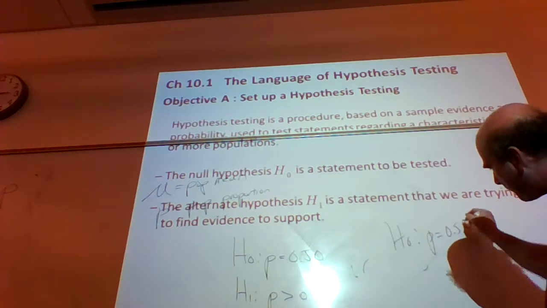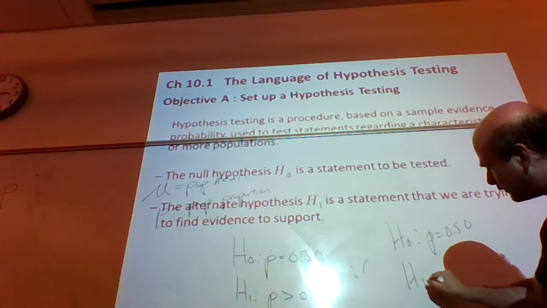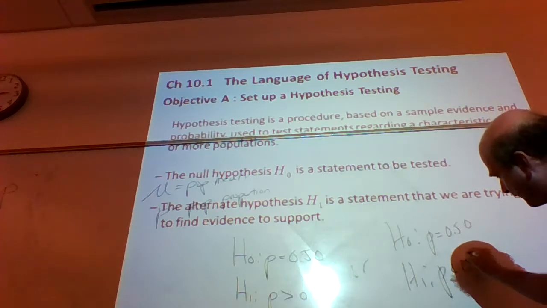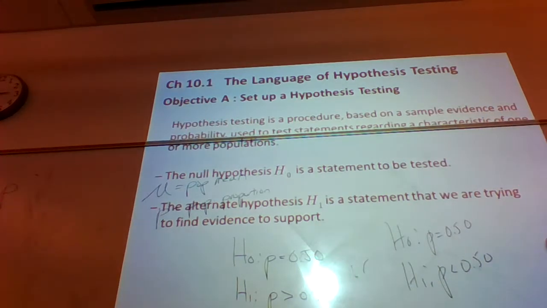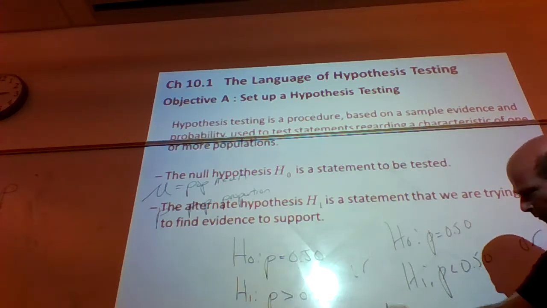Again, we have the null hypothesis, and the alternative is we could actually have less than 0.5. So it's either the first one, the second one, or there's one more.